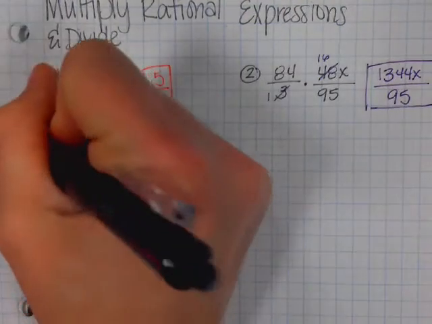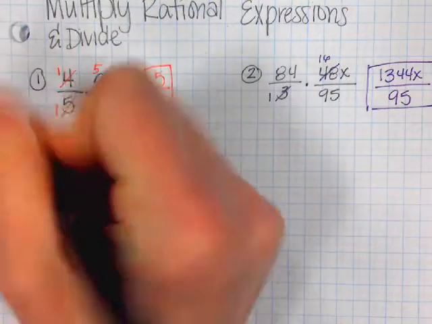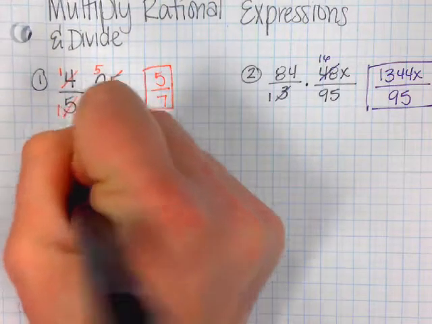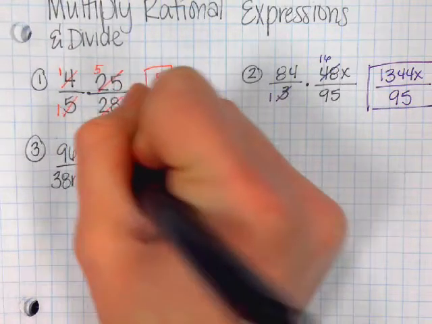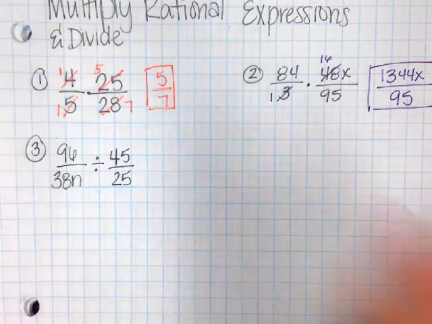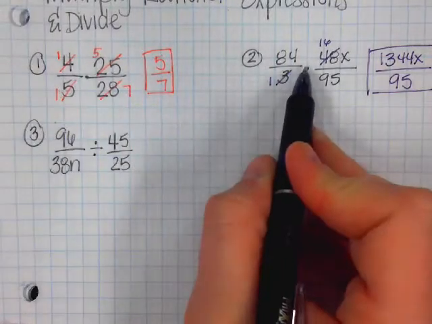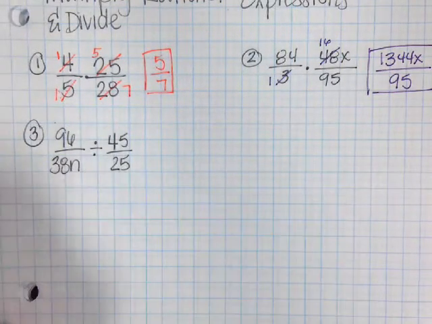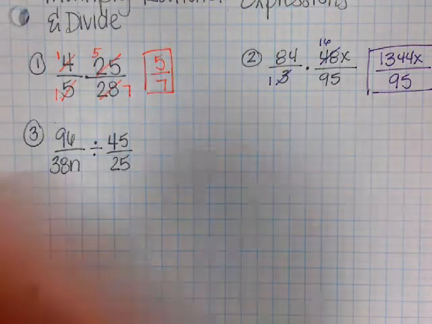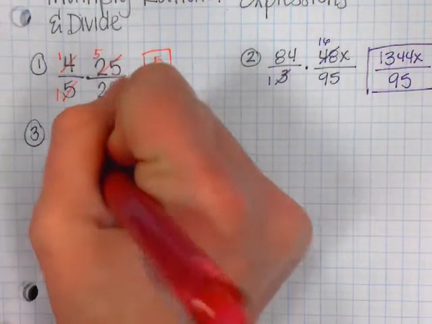Okay, so that's multiplication. Division, remember, is the same thing. So if I do 96 over 38n divided by 45 over 25. Remember, the difference between multiplying rationals or fractions is when you divide, you have to flip or do the reciprocal of the last one.